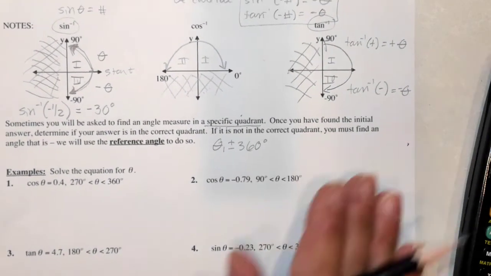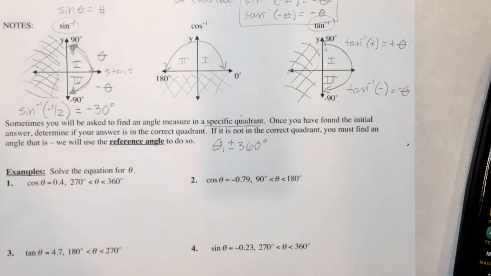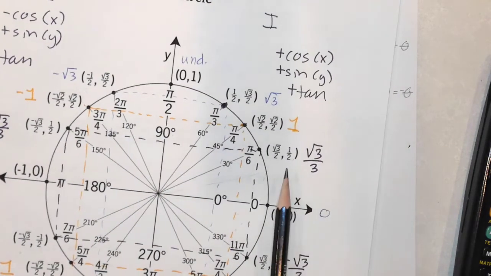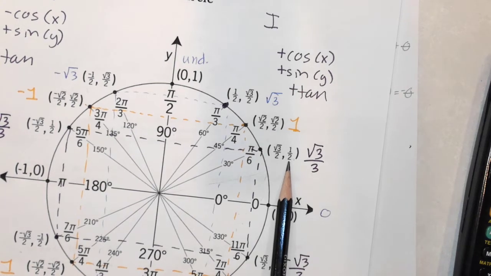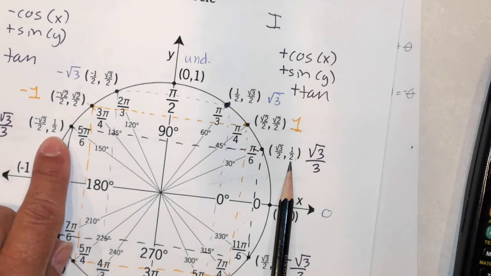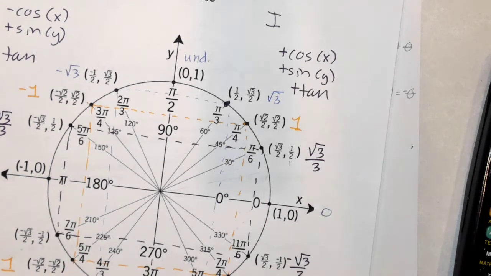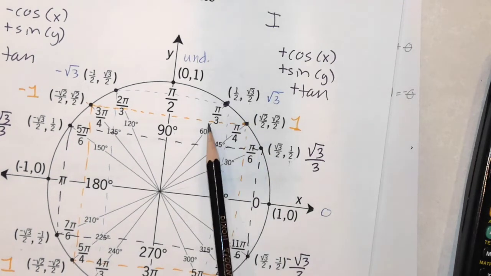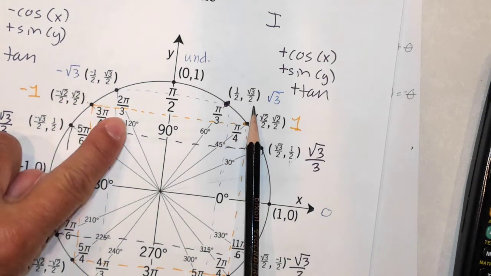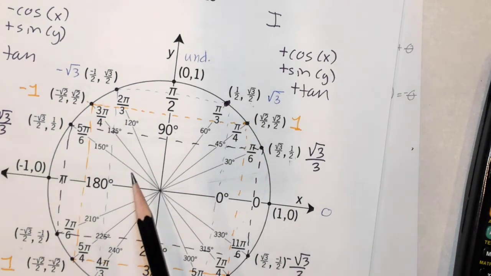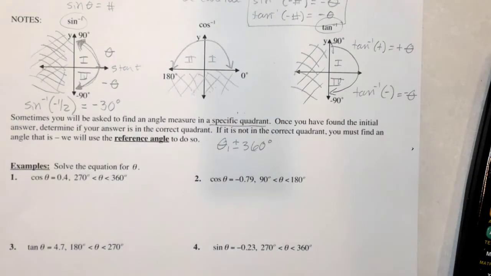Now, when you are on the unit circle, there's always two places that have the same value. So we said earlier, sine was 1/2 here at 30 and here at 150. They add up to 180. The sine is, let's say, root 3 over 2 at 60 and also at 120. They add up to 180. That relationship always exists.